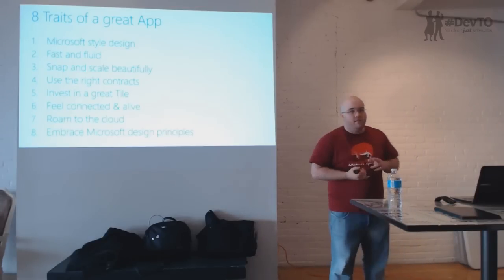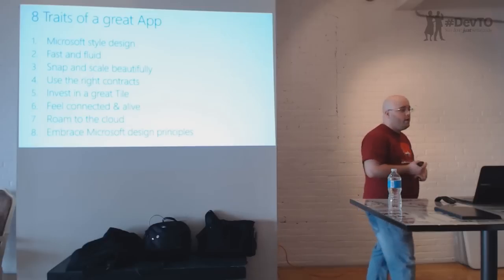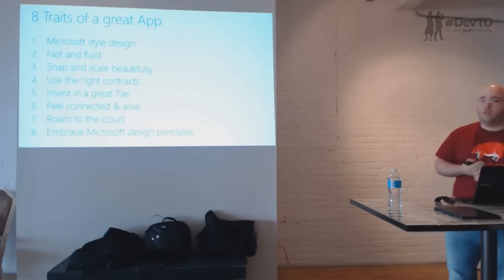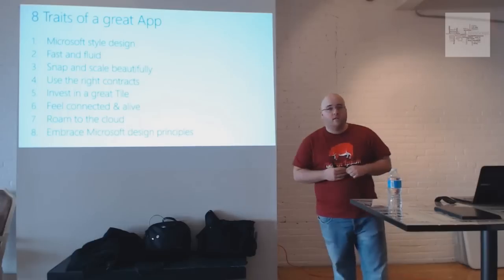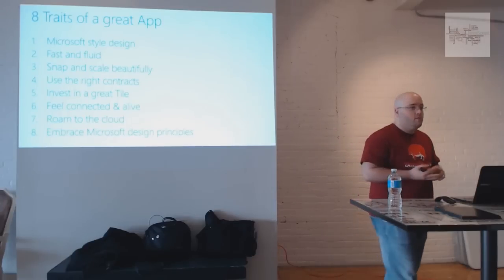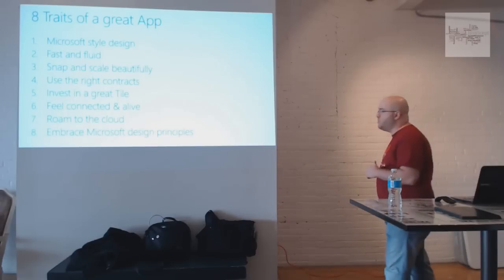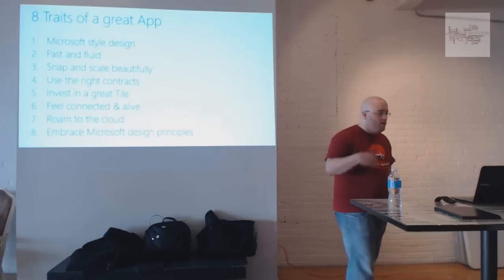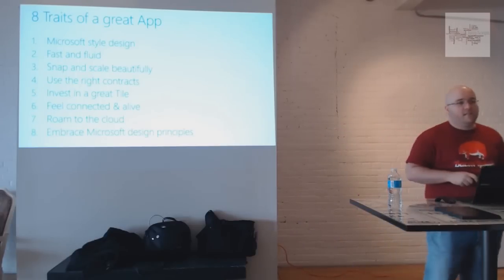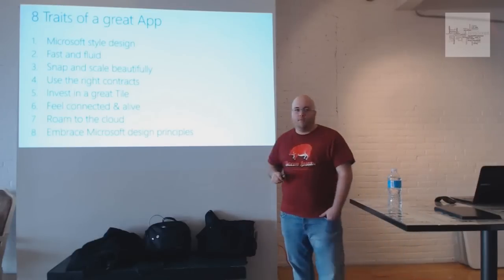We're talking about snap and scale beautifully. So the snap mode that I showed you this morning, really important. Scale beautifully because we target many devices. Use the right contracts. So the share, the search one, the setting contracts, and any other contracts. So you need to use those to give a great experience. Invest in a great tile. I want to come back on this. Feel connected and live. Room to the cloud. Cloud computing.